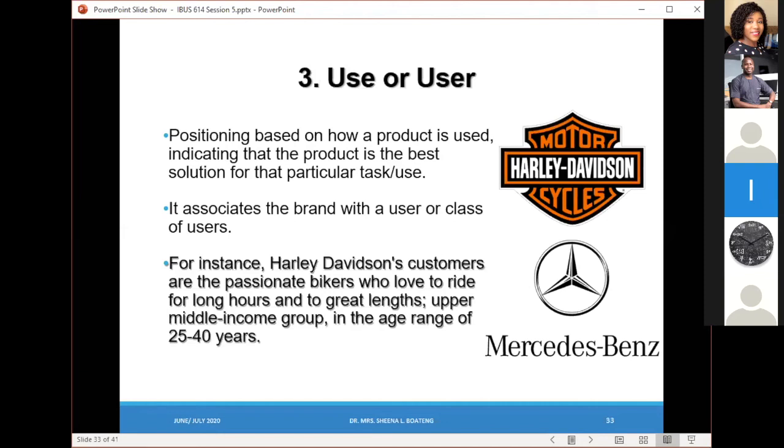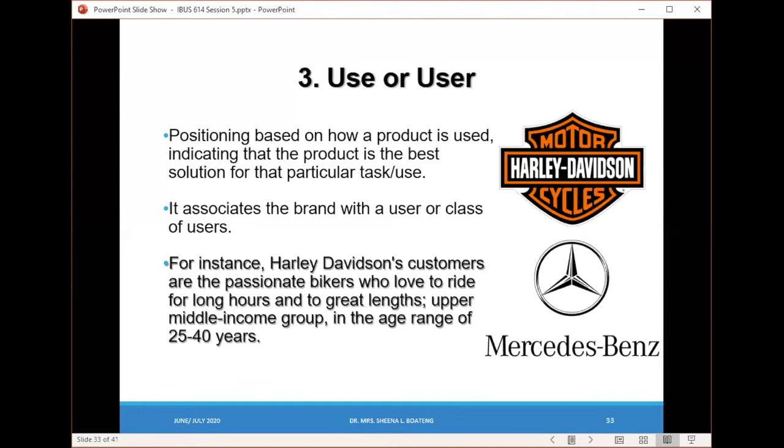Yes, please. So we can see typically how specific products are positioned based on use and user. Harley Davidson was always so enamored as a motorcycle, but now thankfully they have opened a shop in Accra here. They are some of the high-end motorcycles you can ever get, and they are custom built.